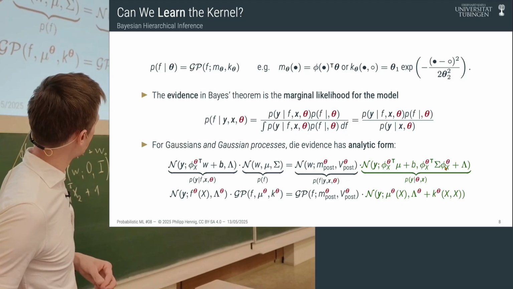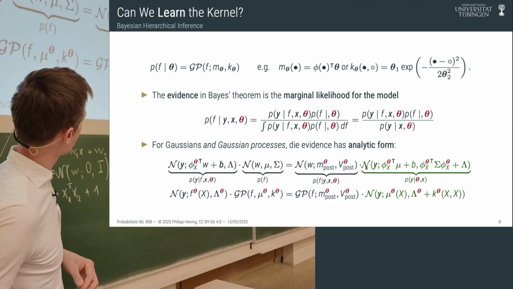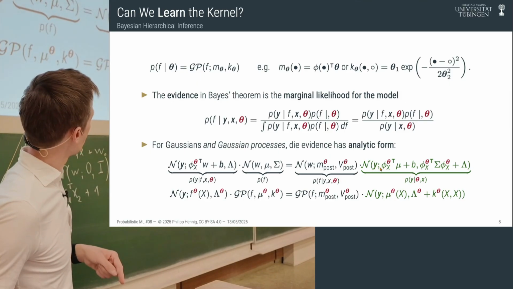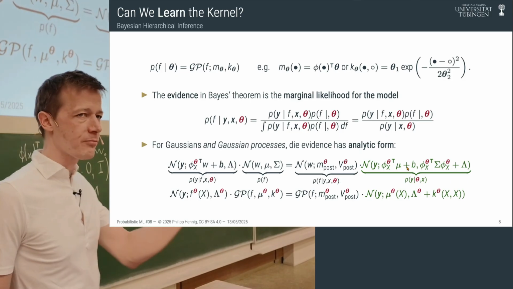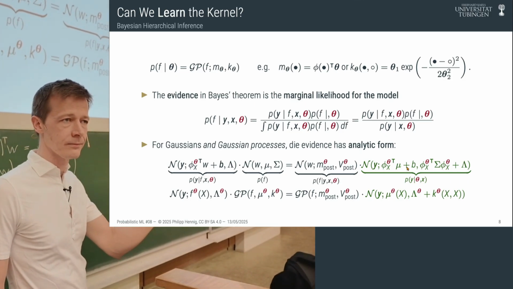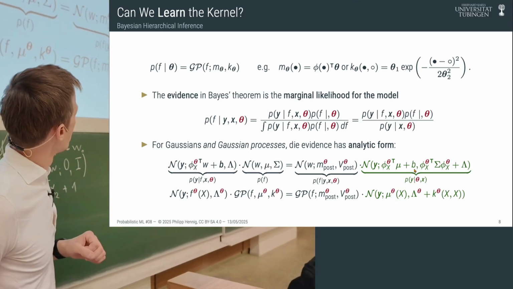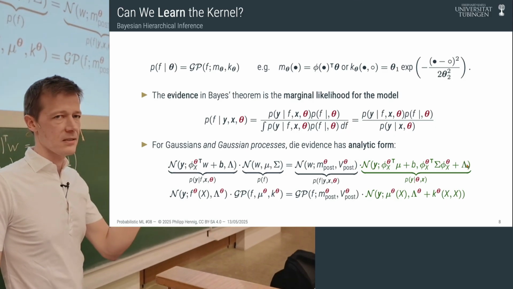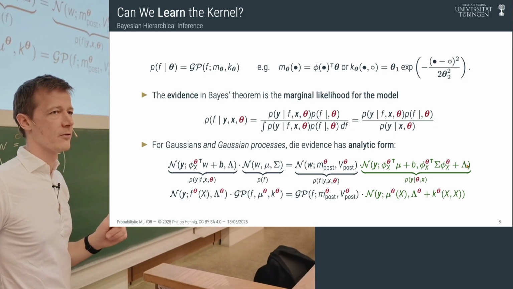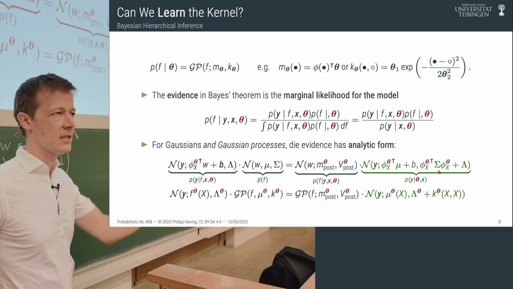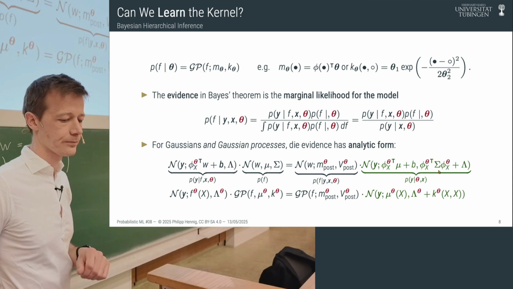So what does this evidence actually look like? Well, it's the probability distribution for y, the data, evaluated at the predictive mean, so the distribution for y, with the variance that is the predictive variance for y. That's this Gram matrix that shows up as an inverse in our posterior distribution.